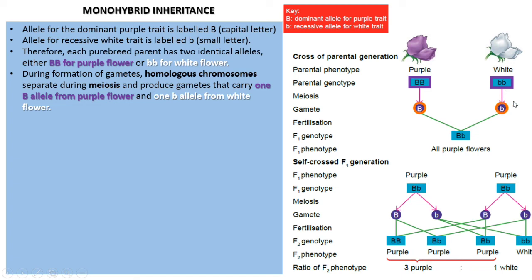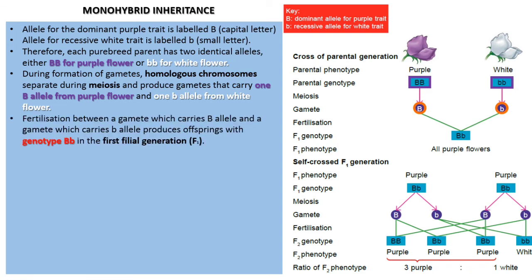Okay, b kecil akan menghasilkan gamete yang akan bawa separuh daripada genetik bunga putih. Okay, after that, fertilization between a gamete which carries capital B allele and a gamete which carries small b allele produces offspring with genotype capital B and small b in the first filial generation. Okay, apabila dikacukkan gamete antara B besar dengan b kecil, maka terhasillah generasi yang pertama, kita panggil yang mempunyai allele B besar dan b kecil.